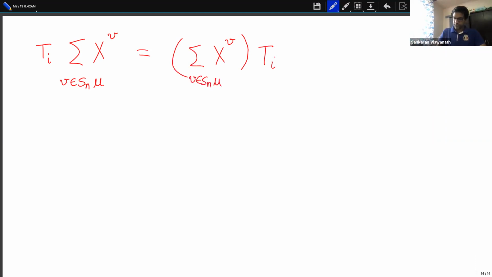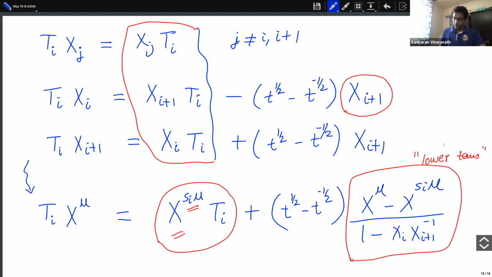Okay, so let's see this here. If you just take two equations, one T_i on x^mu and another T_i on x^{s_i mu}, the error term will cancel when you apply the other one. So when you sum over all finite Weyl conjugates of mu, then the error term is going to go away.